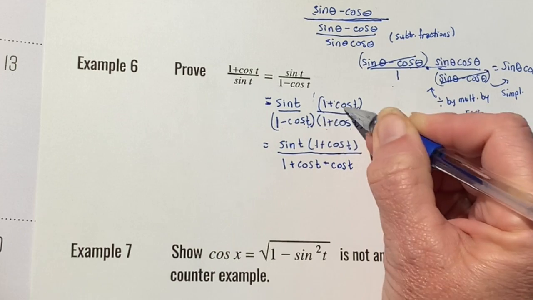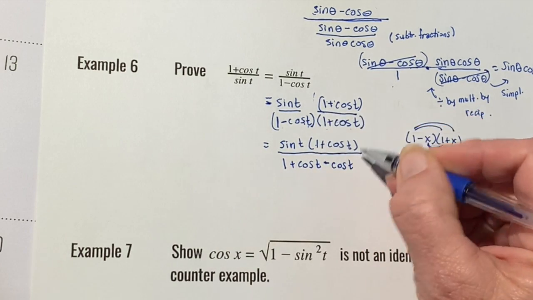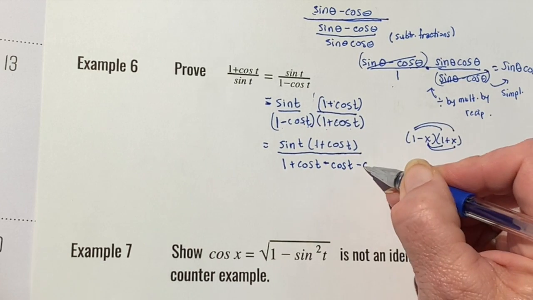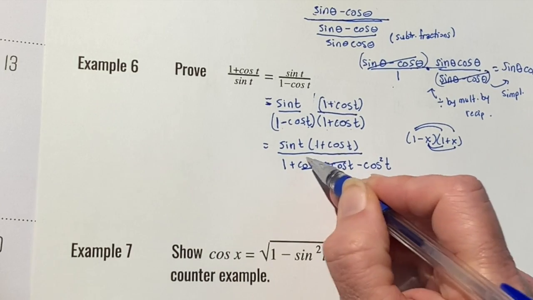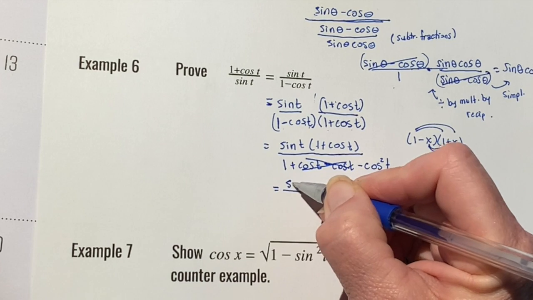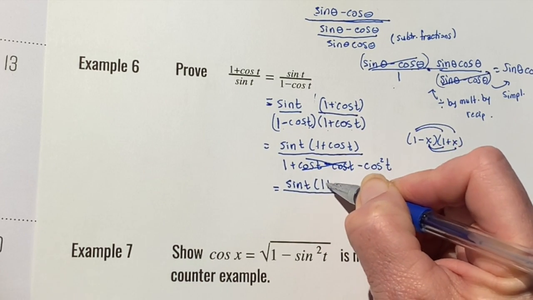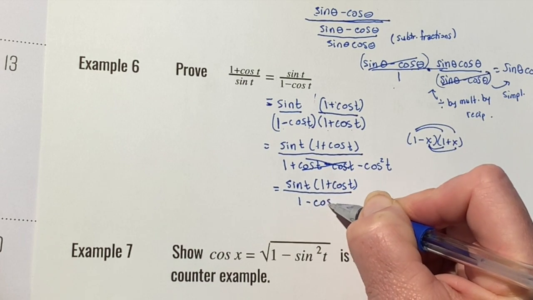All right, so plus cosine t, minus cosine t, and then minus cosine times cosine, so we have cosine squared t. So you can see now that these subtract out. All right, and so I end up with sine t times 1 plus cosine t over 1 minus cosine squared t.